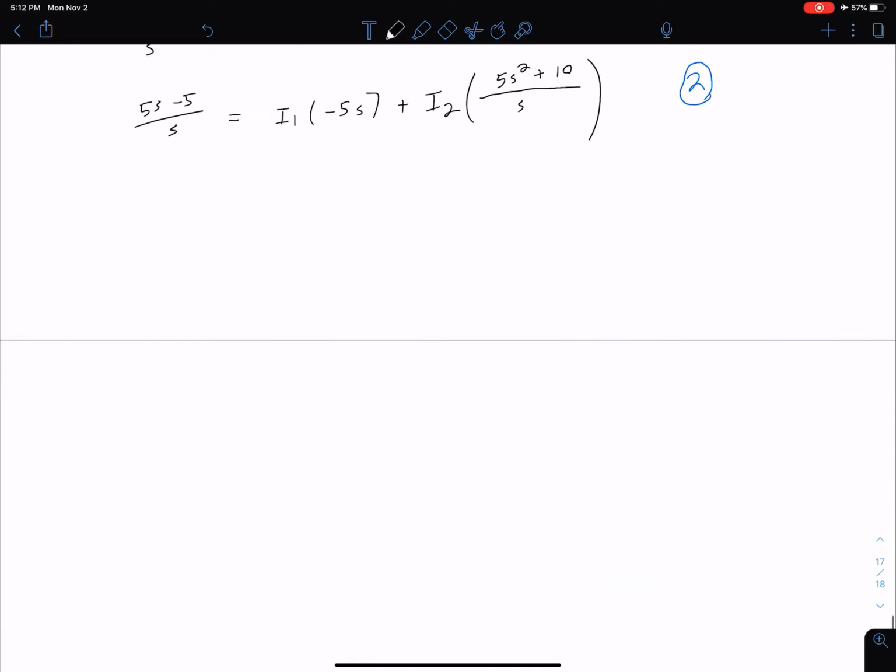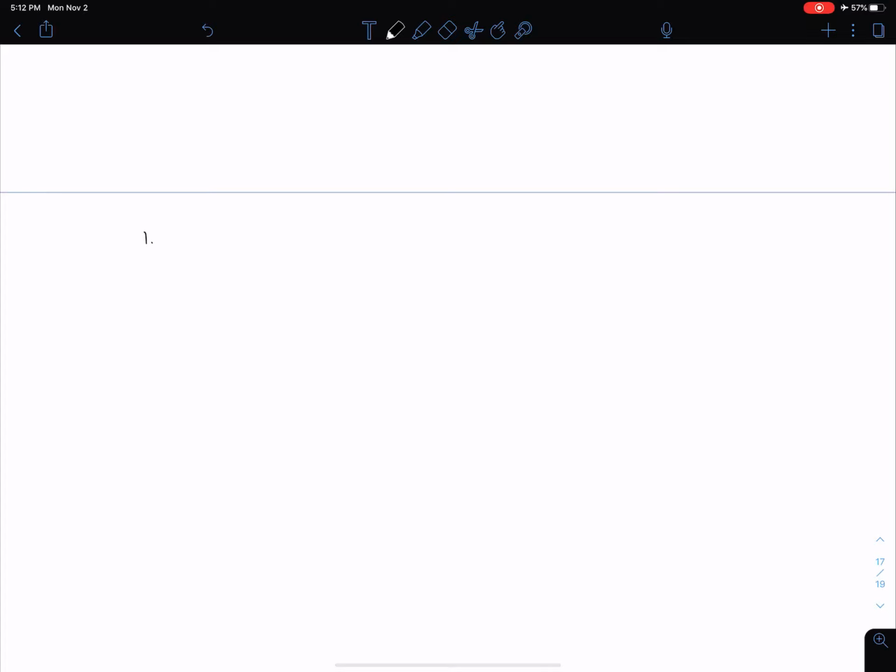I2, and so let me write our results here. So our I1 ends up being, in our numerator we have 1.5 s squared minus 3s plus 6. In our denominator we have s times (s plus 2) times (s plus 1).